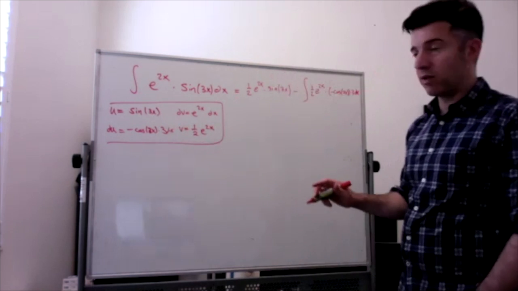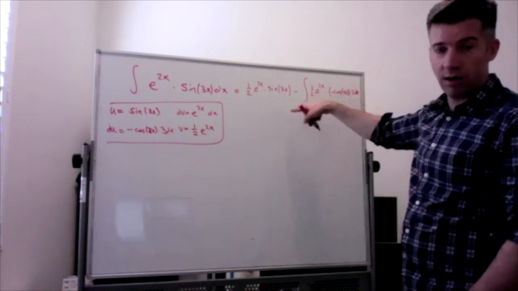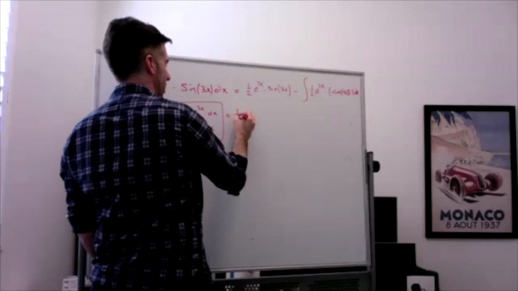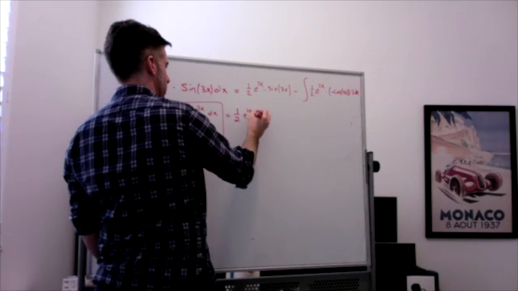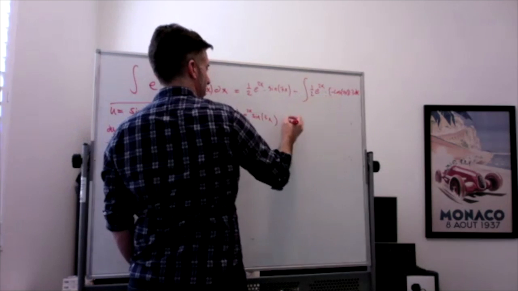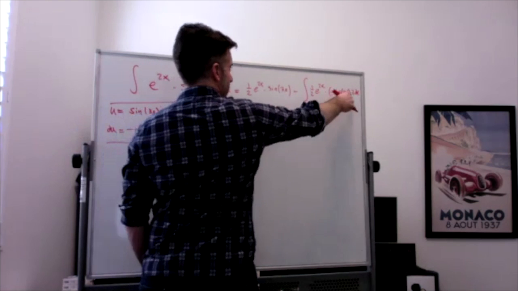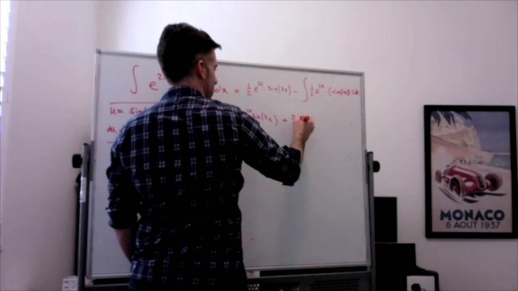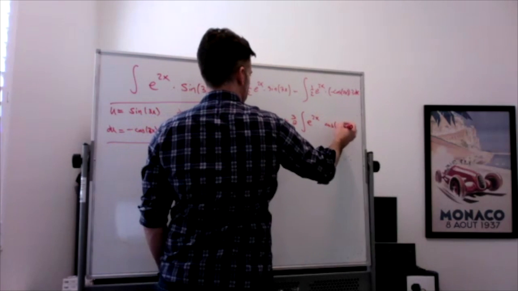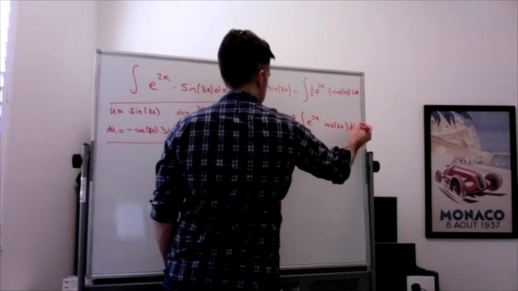And typically, we like to factor out any constants here. So I'm going to rewrite this as 1/2 e to the 2x times sine 3x minus a minus will be plus, and a 1/2 times a 3, so 3/2 times the integral of e to the 2x cosine of 3x dx.